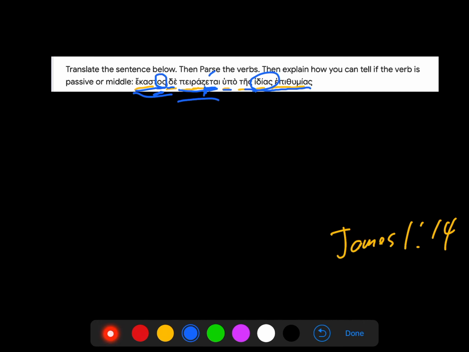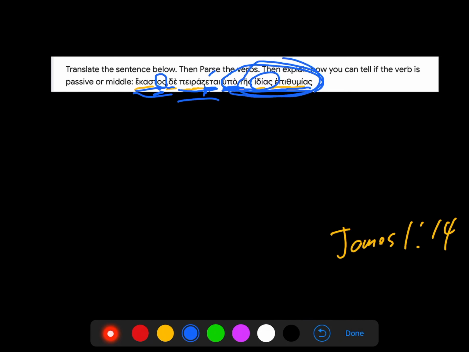Now, there is a sense in which one is tempting oneself, because what we're tempted by is our own lusts. But in terms of how this sentence works grammatically, we have this agent marker here, the hupo, the most common preposition marking the agent, by his own lusts. So each one is tempted by his own lusts.